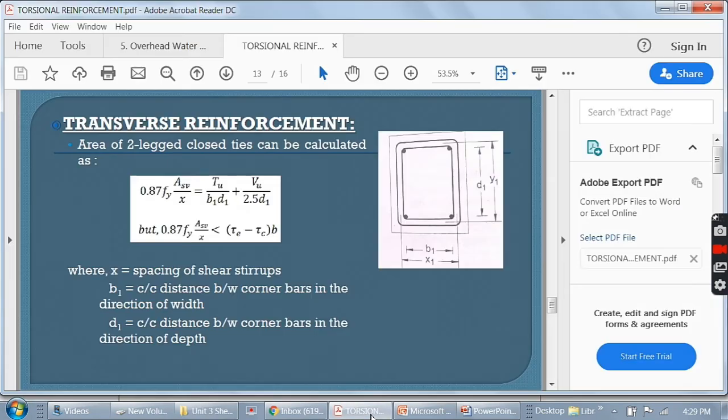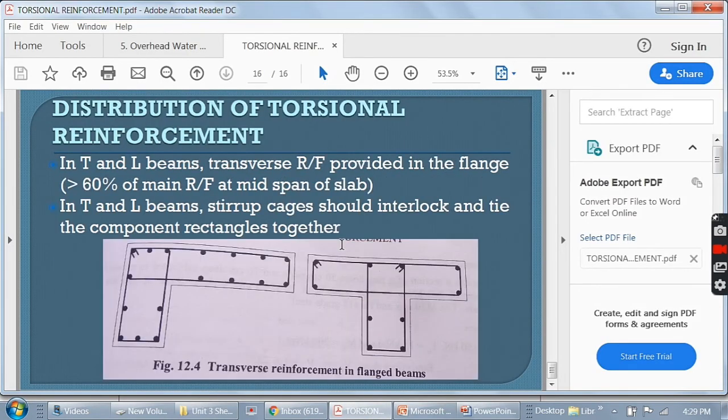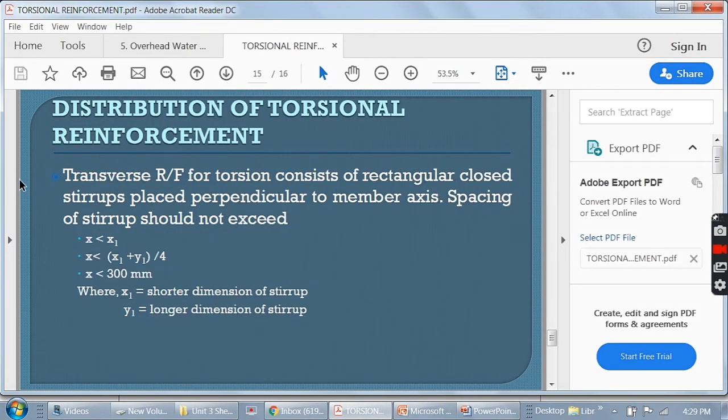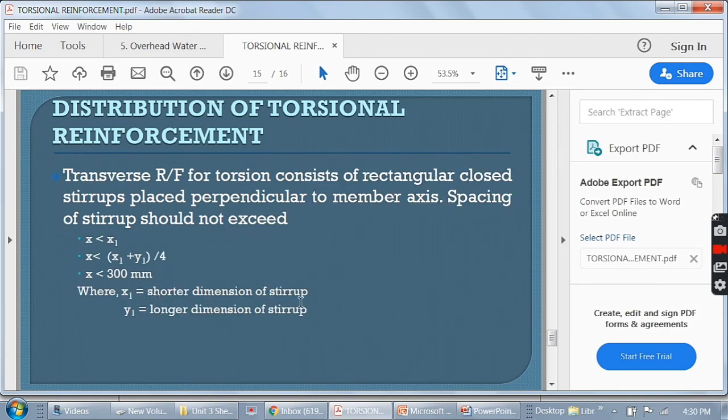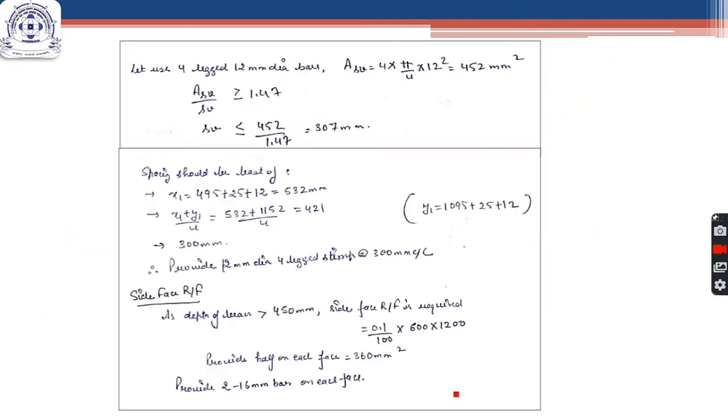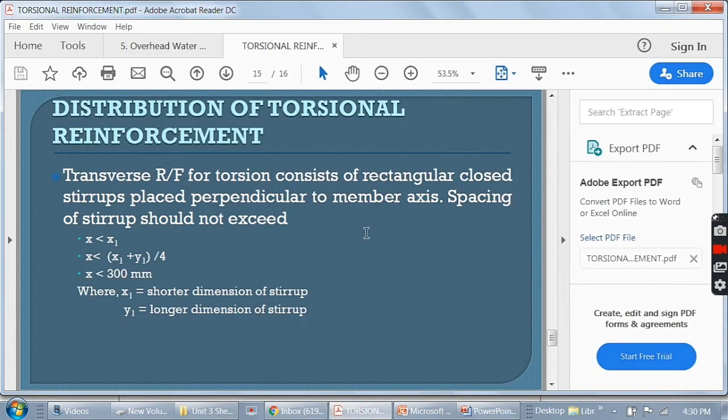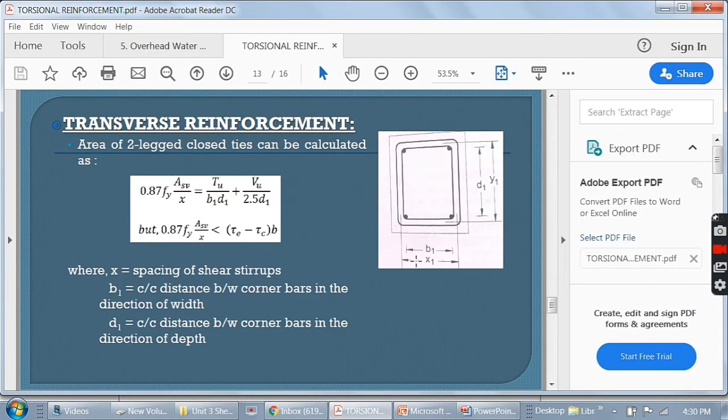Also I will take you to another specification here. This specification is from the code: the spacing of stirrup should not exceed (x1 plus y1) by 4 and 300 mm, where x1 is the shorter dimension of the stirrup and y1 is the longer dimension of the stirrup.